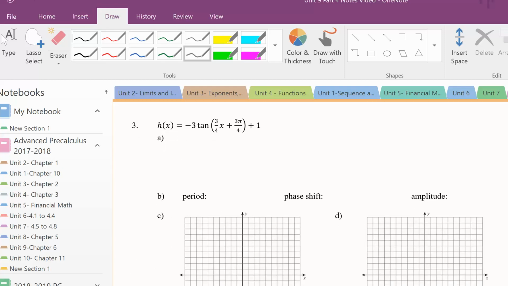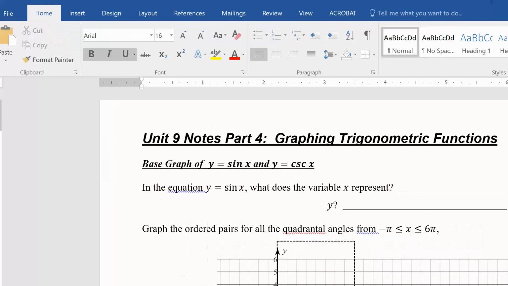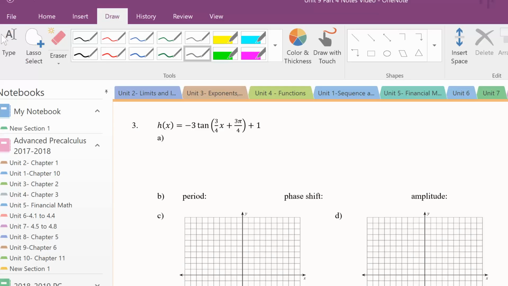All right, for the tangent, you factor out the 3/4. Now there's no negative sign, so there's nothing else to do.